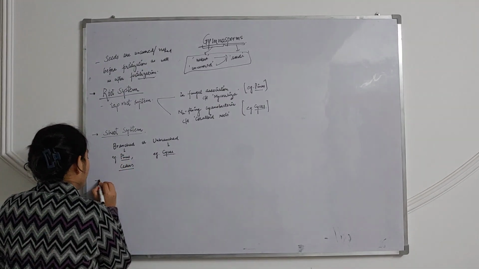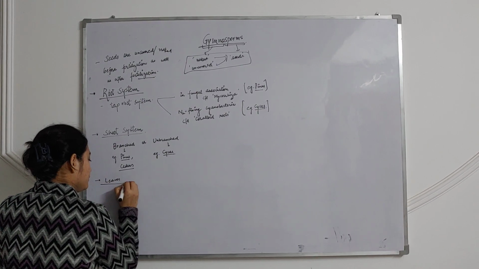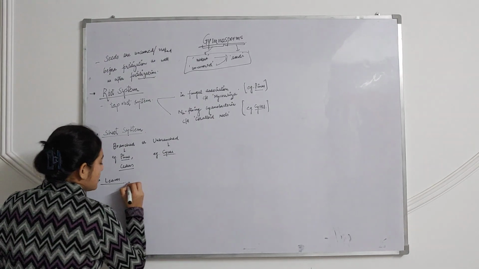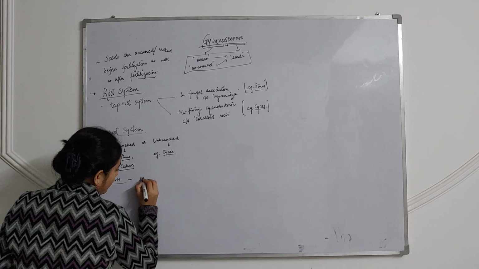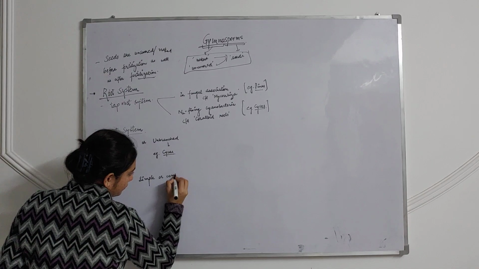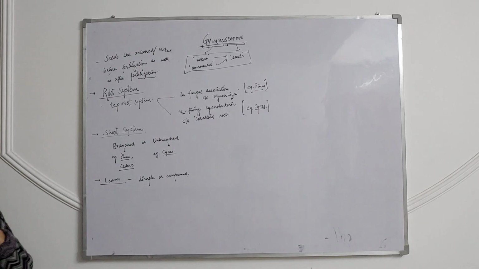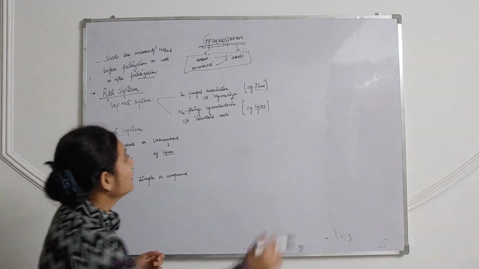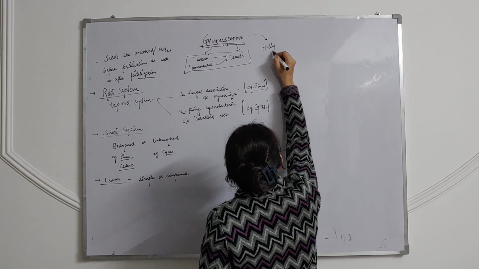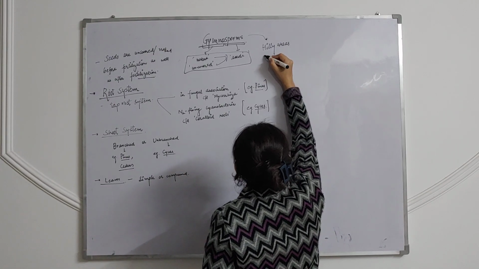Next is leaves. Leaves can be simple or compound. However, the habitat of gymnosperms is mainly hilly areas where snowfall occurs.